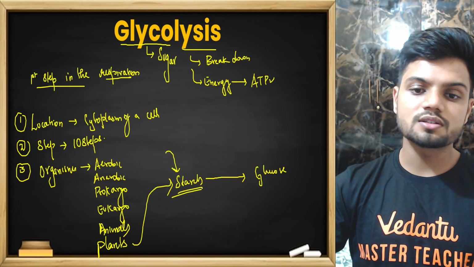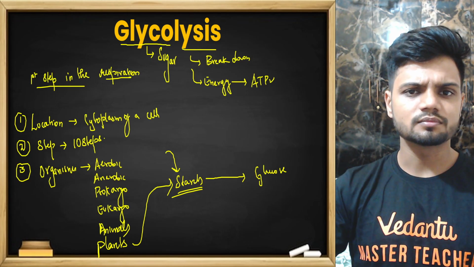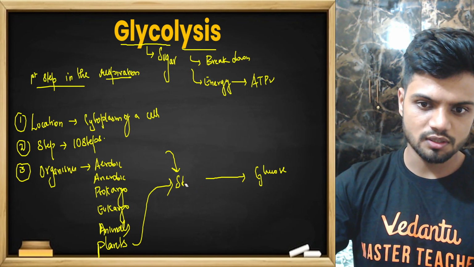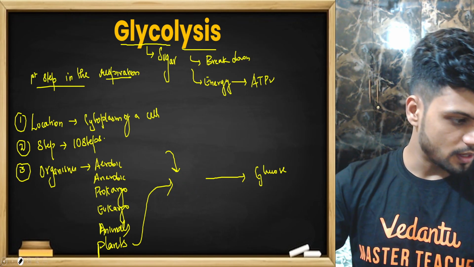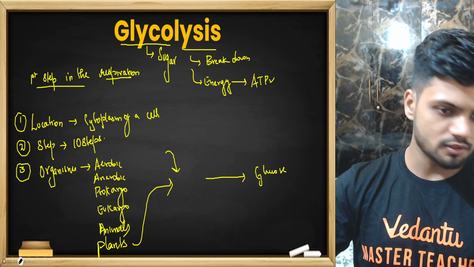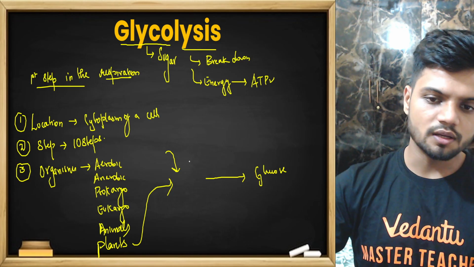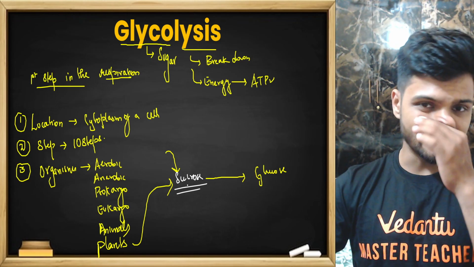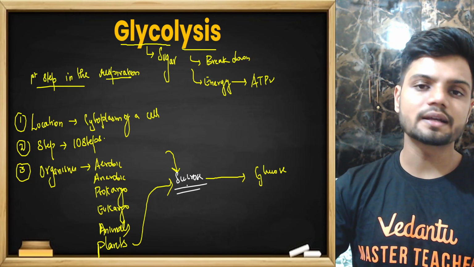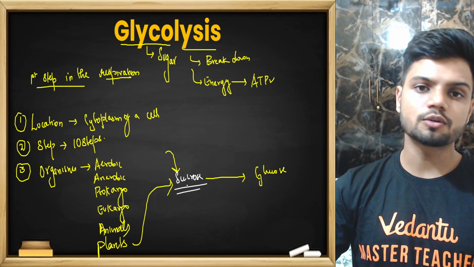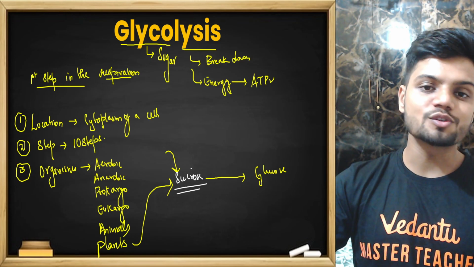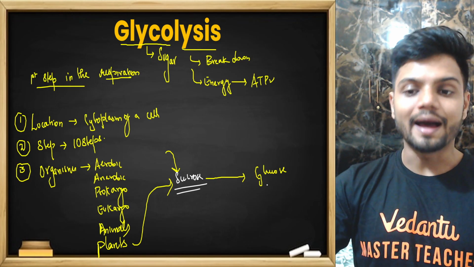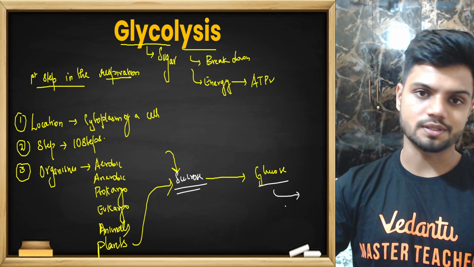Starch is a complex polysaccharide, so instead let's call it sucrose. Sucrose is a disaccharide made up of glucose and fructose. So the starch cannot enter glycolysis on its own.